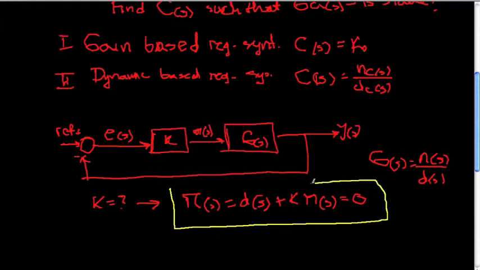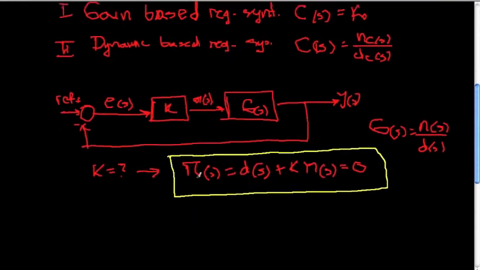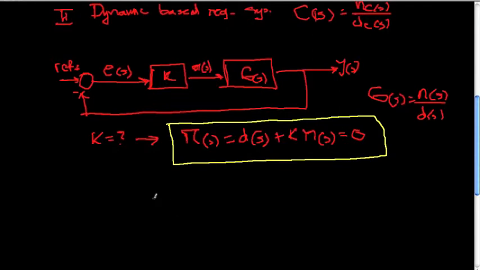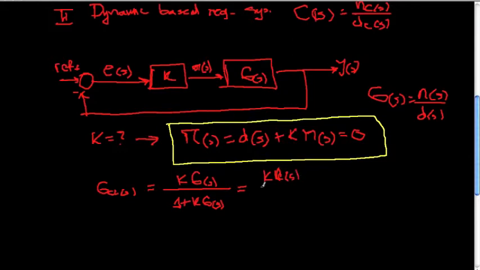This is also the denominator of the closed loop transfer function in this system, because if we just write the closed loop transfer function, it will be G closed loop of S equals K G of S divided by 1 plus K G of S, and since this is n of s over d of s, this will be K n of s over d of s plus k n of s.